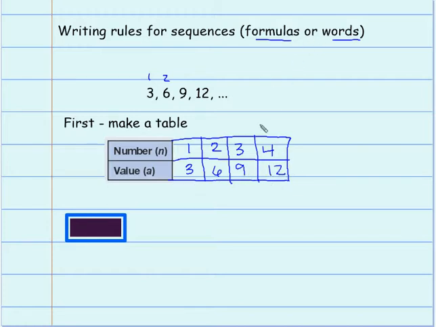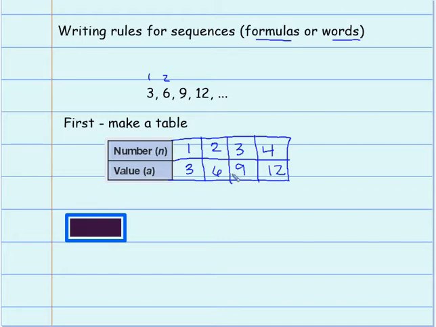So if we were to write this rule for the sequence out in words, let's do words first. We can see that if you have your number, we take the position number times 3, the position number times 3, and so on.